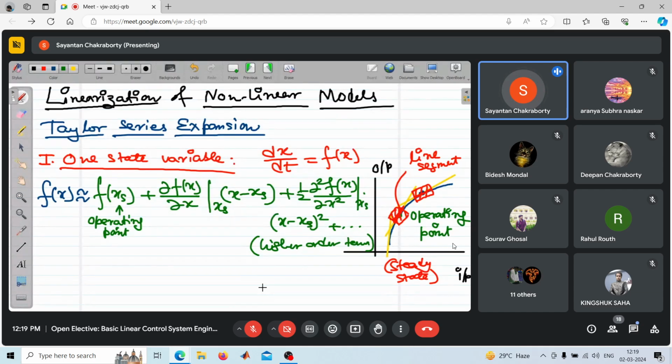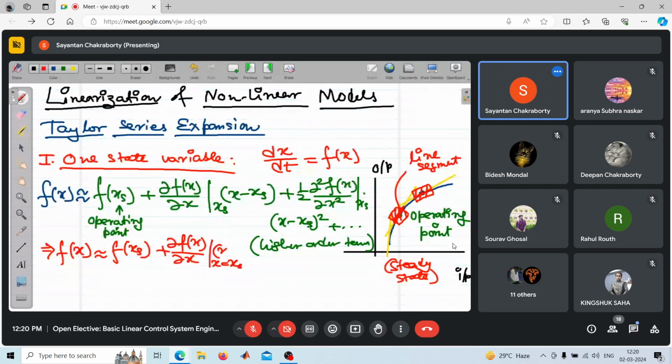Now, by neglecting the second or higher order terms, this can be approximated as f of xs plus del f del x times (x minus xs).